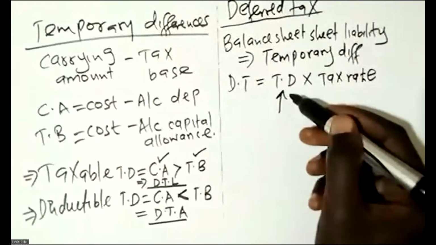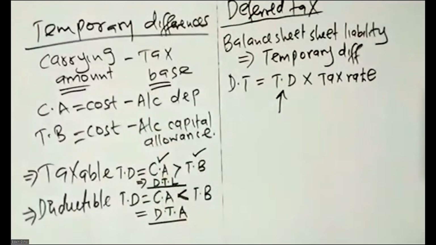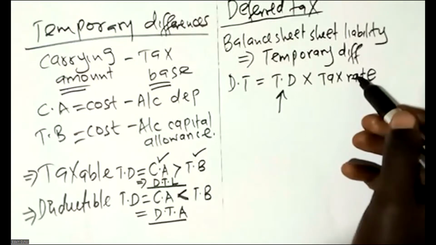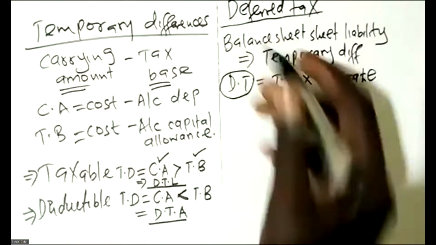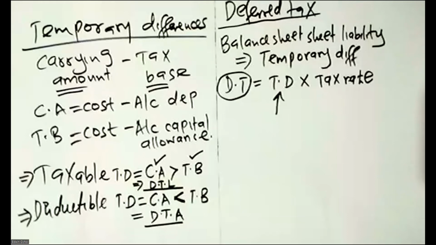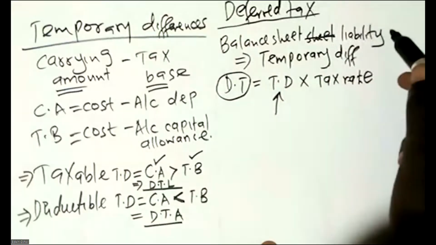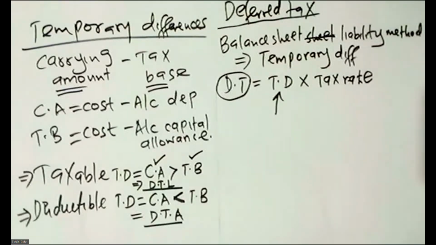Since you now know the temporary difference is the carrying amount minus the tax base, you multiply it with the tax rate to get your deferred tax using the balance sheet liability method, which is recommended under International Accounting Standard 12. That is what we mean by the balance sheet liability method.